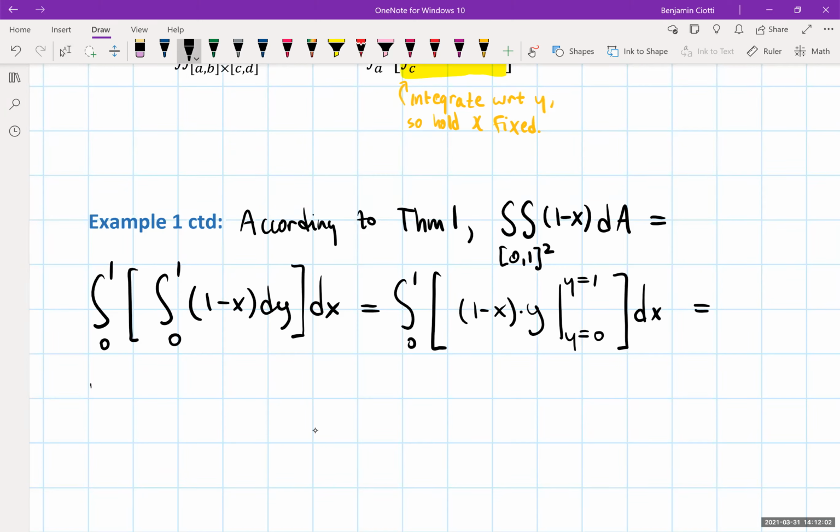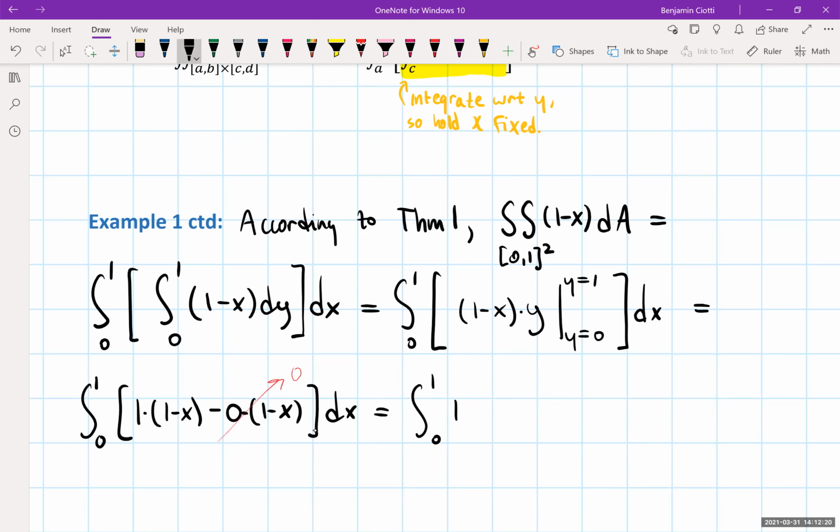So we're going to get the integral from 0 to 1 of 1 times (1 minus x) minus 0 times (1 minus x). Second term is 0. So this is actually just the integral of 1 minus x, which is easy enough to integrate.